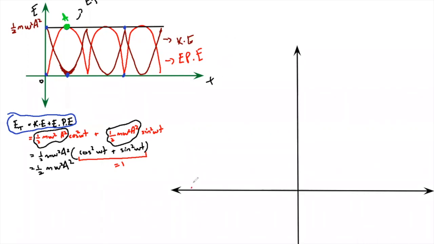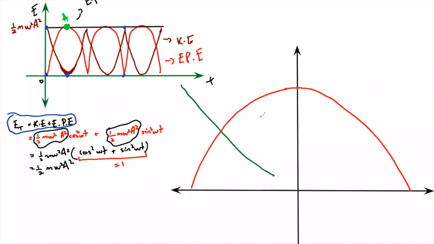The first one is gonna be like this, and I hope it's a nice curve. It's gonna be a nice curve, and then there's gonna be another curve. And we know that both of the curves are gonna be opposite. So if one is 0, the other one is gonna be max, because that's just how kinetic energy and EPE work.